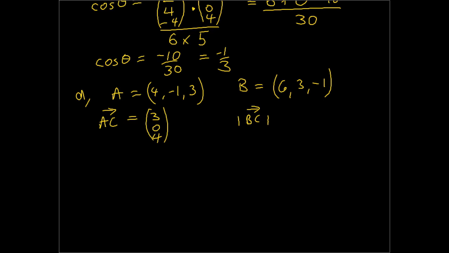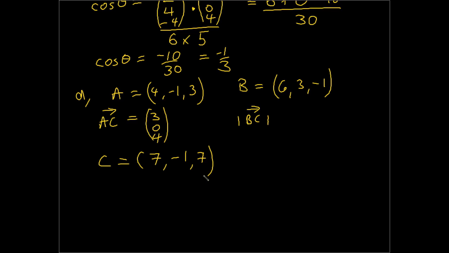So, having written these down here, I can then use A is at 4, minus 1, 3, and the vector A to C is 3, 0, 4 to work out where C is. So C is going to equal, we start with A, add 3 to the 4, so it's going to be 7. Then we start at minus 1 at A and we go along 0, so that's going to remain minus 1. And then we start at 3 and we add an additional 4, so it's going to be 7.